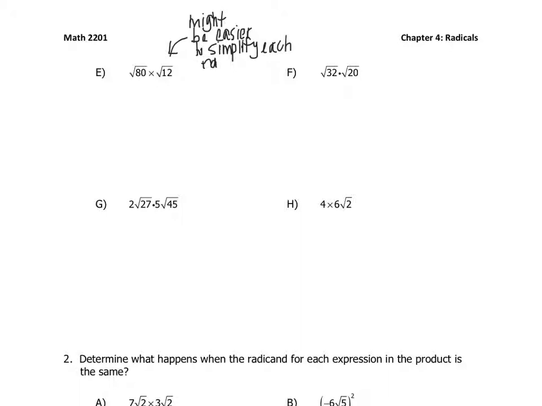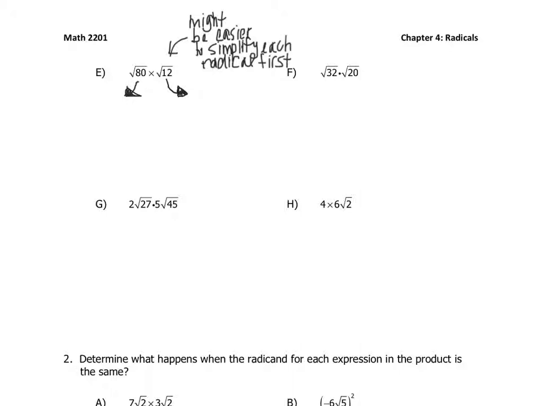And the reason I say that is because sometimes when you put the numbers together, the product becomes a really large number, which then is kind of hard sometimes to figure out what the largest perfect square factor is. So sometimes it's easier if you break them down first. Now you don't have to do it this way, but usually it's easier to work with smaller numbers.